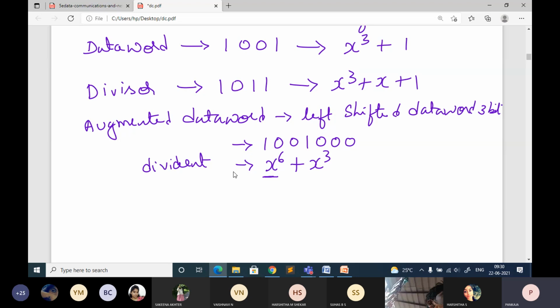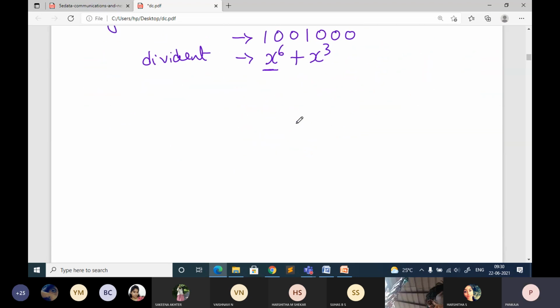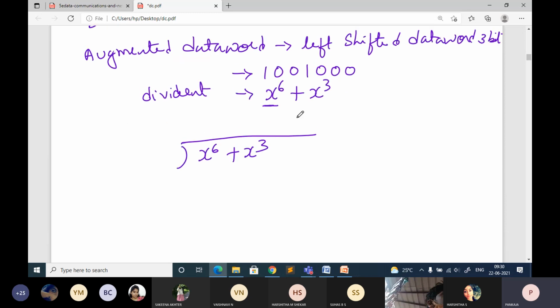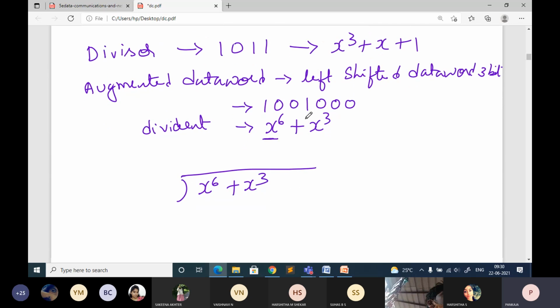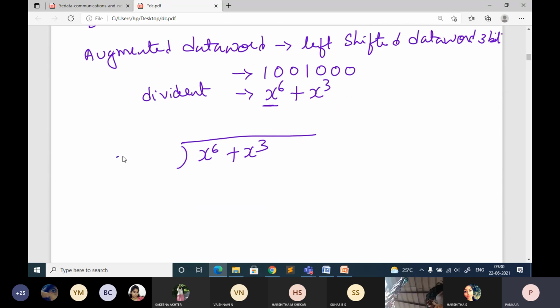So now when you start on the division part, just write first here, that is x power 6 plus x cube. And what is the divisor? It is x cube plus x plus 1. See, the problem is very simple. You need to understand, it is a very simple method. What is the step I told?